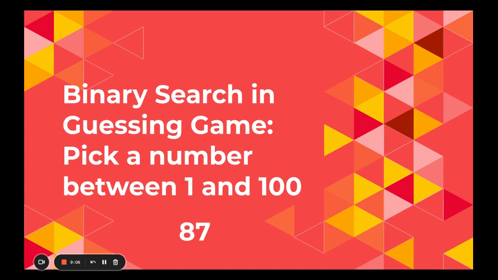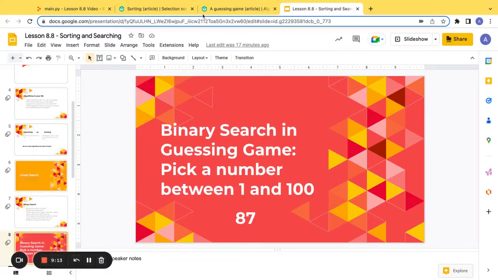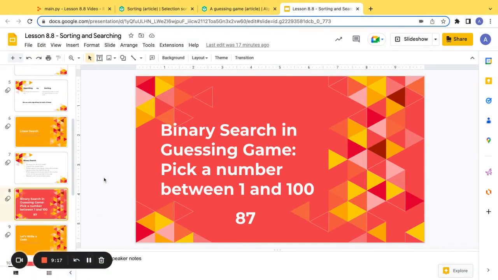We are going to pick a number between 1 and 100. I'm telling you the number is 87. But if I started guessing at 1, it would take me 87 guesses to get all the way up to 87.